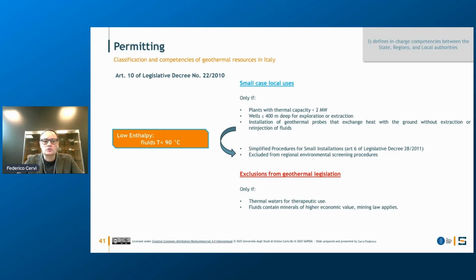These plants are subject to the simplified permit procedure, provided that the withdrawal and return of groundwater remains confined to the surface aquifer. I would also like to point out that plants with a thermal power of less than 1 megawatt and geothermal probes are exempt from the environmental screening procedure pursuant to Legislative Decree 22 of 2010.